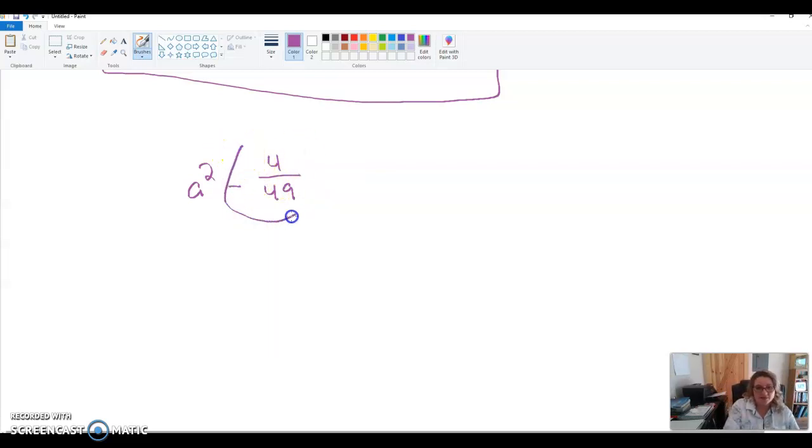And we know that 4 is a perfect square, 2 times 2 is 4. And 49 is a perfect square, 7 times 7 is 49. Because this is a negative sign, we know this is going to be the difference of two squares. So I'm going to have a plus 2 over 7 times a minus 2 over 7.